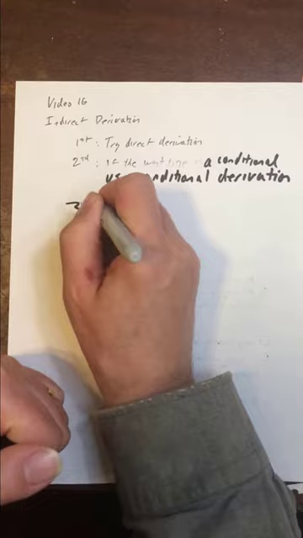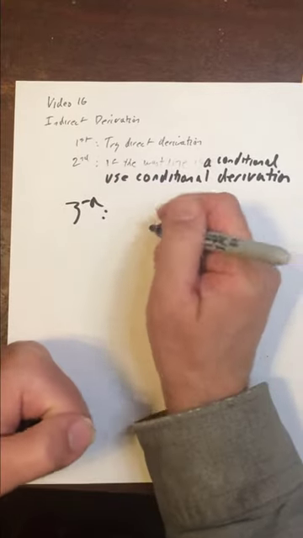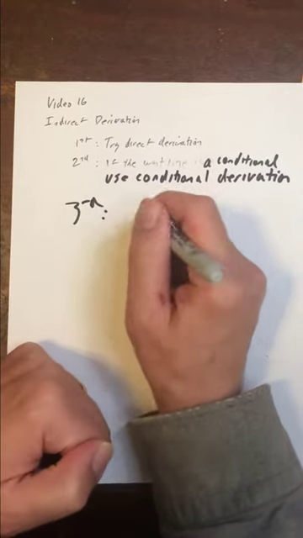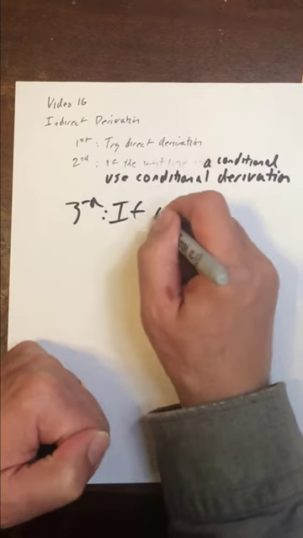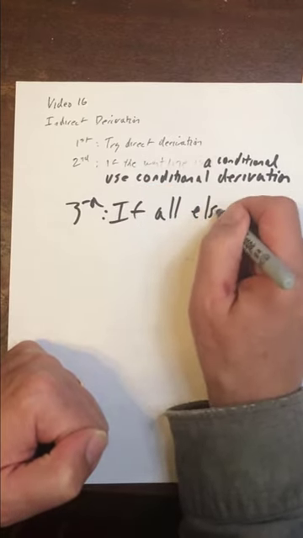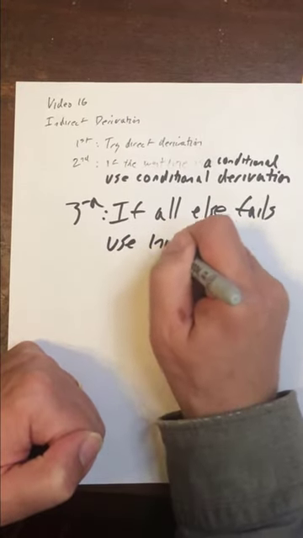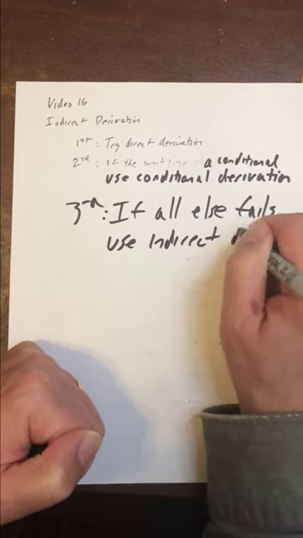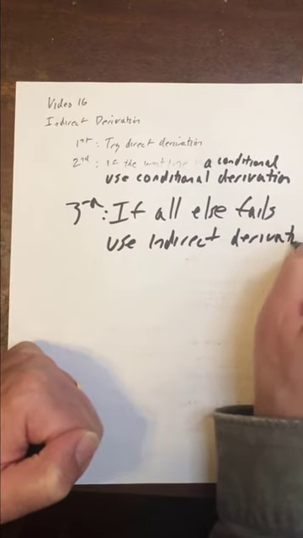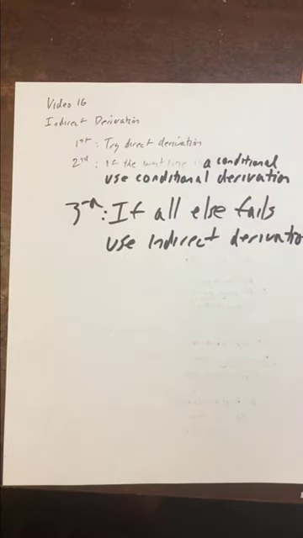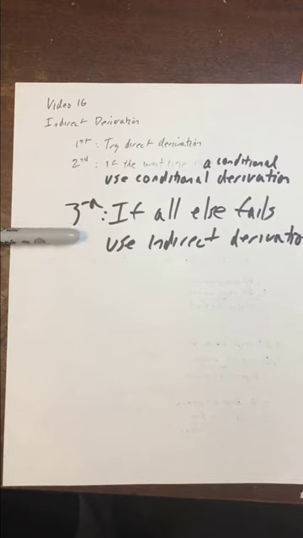And then finally, I have to write bigger now that I've switched to the Sharpie. If all else fails, use indirect derivation. Right? Direct derivation. Conditional derivation, if your want line's a conditional, that's the obvious sign. There might be other reasons you can try it. If all else fails, use indirect derivation.